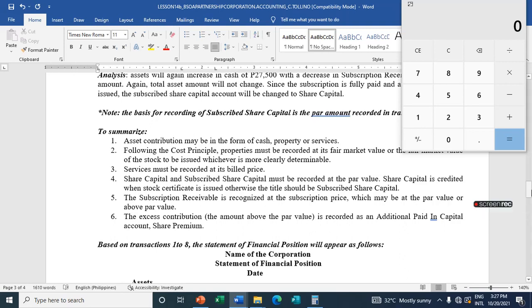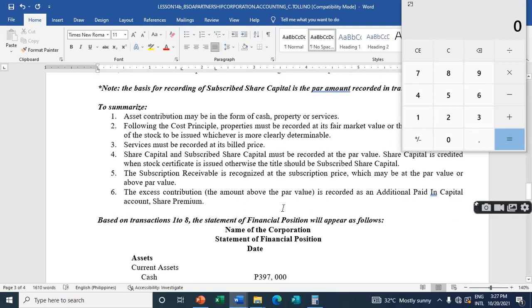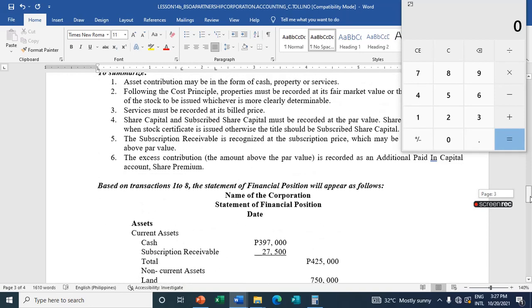And number 5, the subscription receivable is recognized at the subscription price, which may be at par value or above par value. Number 6, the excess contribution, which is the share premium, we add as additional paid-in capital in the statement of financial position of the corporation. So, based on transactions 1 to 8, the statement of financial position will appear as follows.